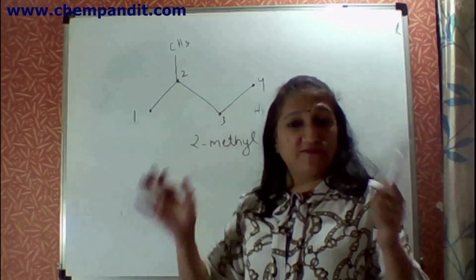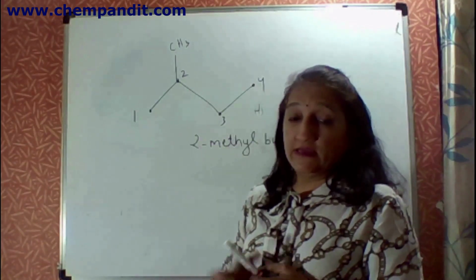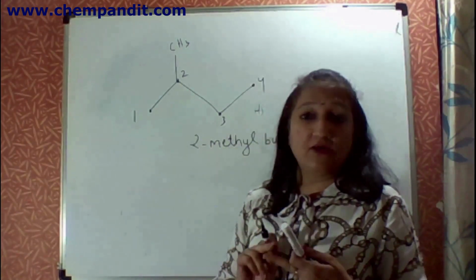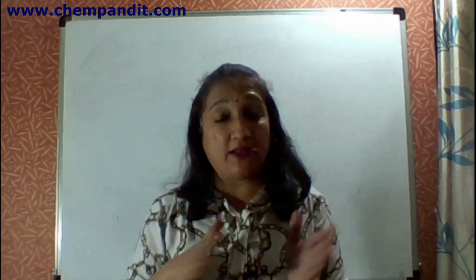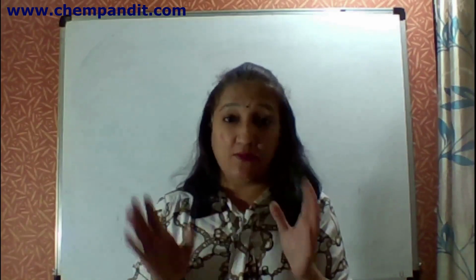Clear? Now see, we have practiced enough questions for aliphatic organic compounds without functional group. So that's all in the first part. I am not explaining the whole nomenclature in one go because it becomes very difficult to understand the whole thing in one go.